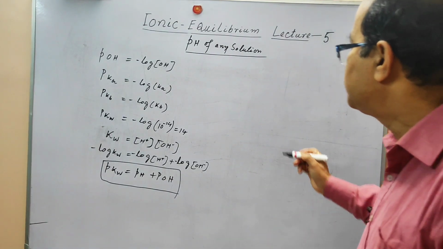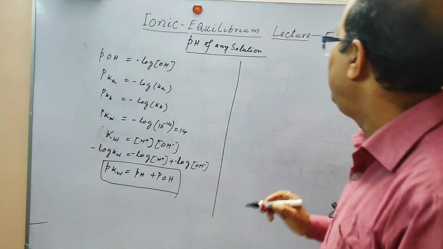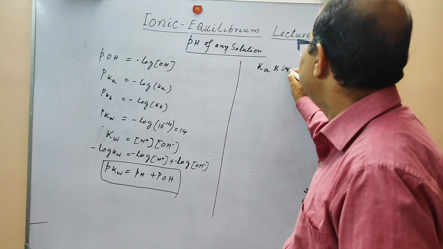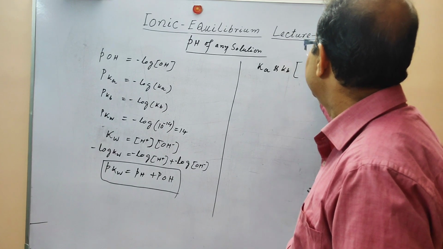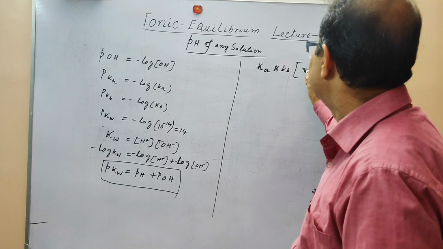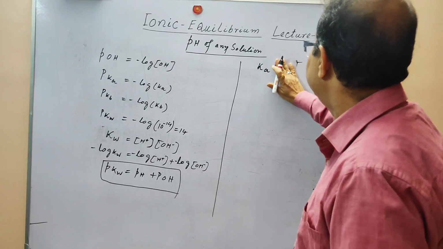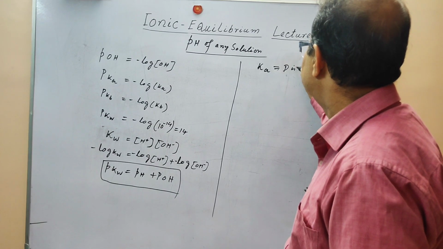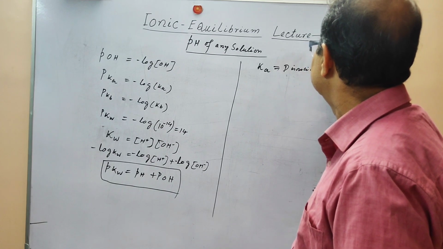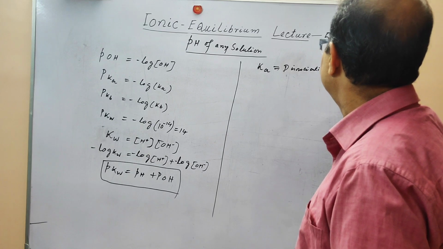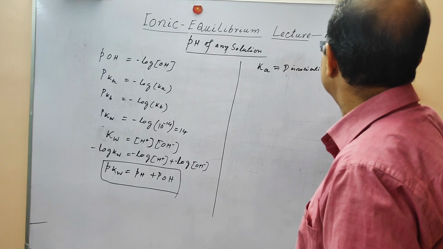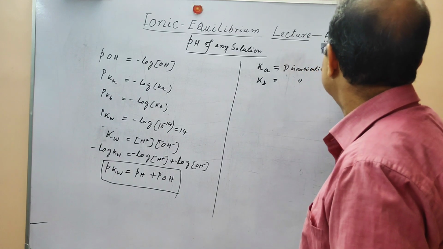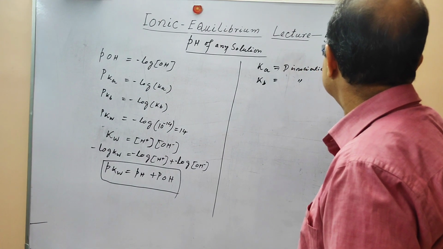Now, we are going to deduce one relationship, that is between Ka and Kb. Ka is the dissociation constant of acid, and Kb is the dissociation constant of its conjugate base.